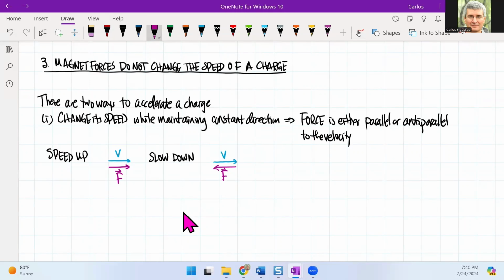So in this situation, we then say that work is done to change the kinetic energy of a charge.